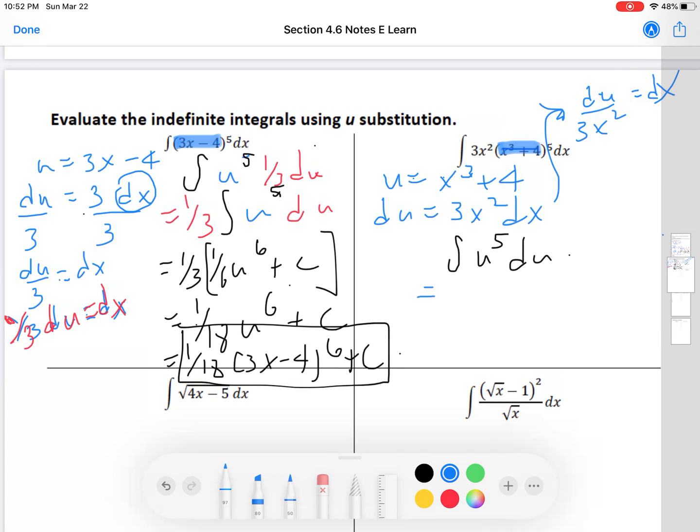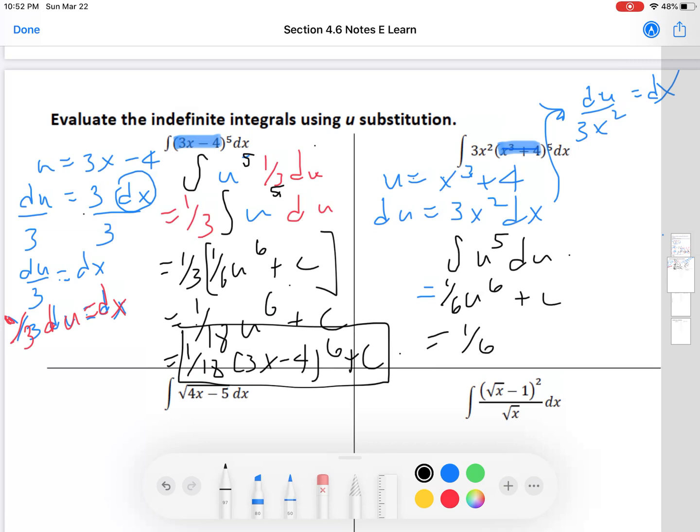So when we integrate this u to the fifth du, I get u to the sixth times 1/6 plus c.